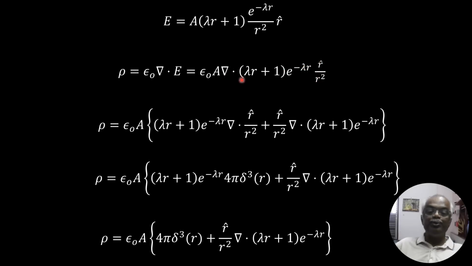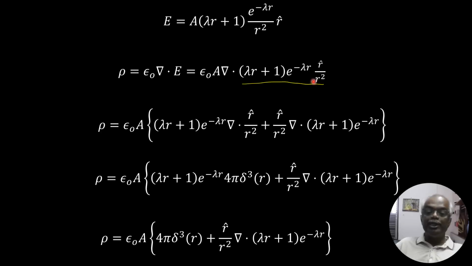Now if you take the derivative of this term, first you keep the first part as it is, that is (λr + 1) multiplied by e^(-λr), then the divergence of the second term, r-hat over r².